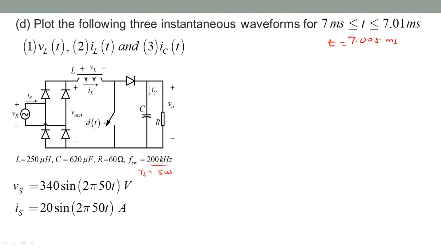So in particular Vrect, at t equals 7.005 milliseconds, if you recall, Vrect was just the absolute value of 340 sine 2 pi 50 t. So in that, substitute t equals 7.005 times 10 to the minus 3. That will give us the Vrect at that instant. So that comes out to be 274.75 volts.